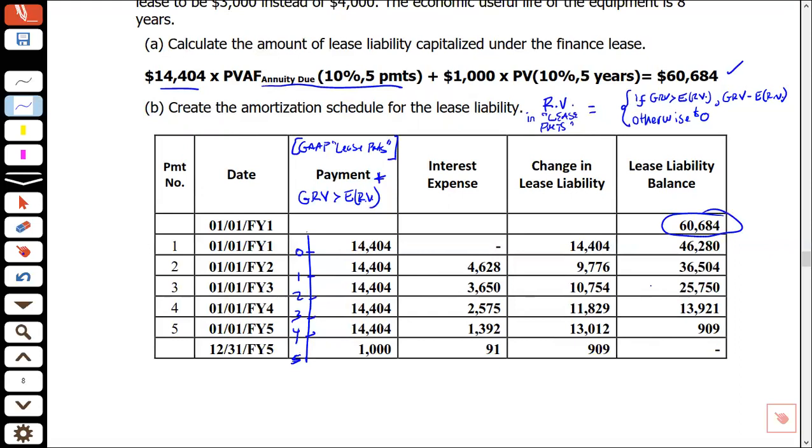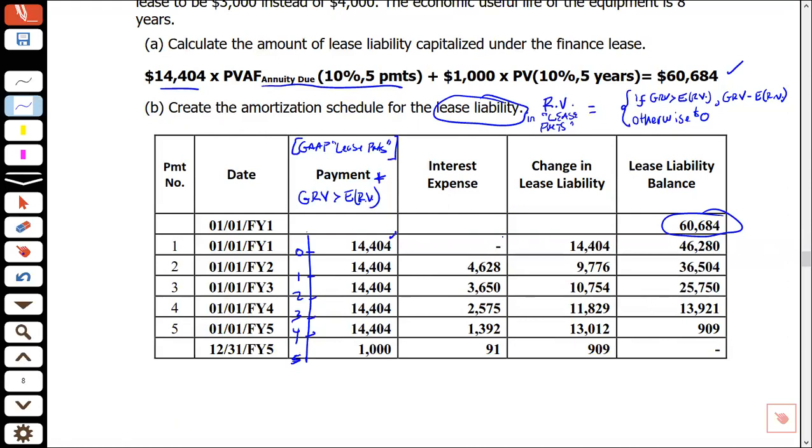$60,684. Now, this schedule is a schedule for the lease liability. So even though you're going to capitalize a right-of-use asset in the amount of $60,684, we're creating this schedule to amortize the lease liability and calculate interest expense, because every journal entry is going to be across these 3 columns.